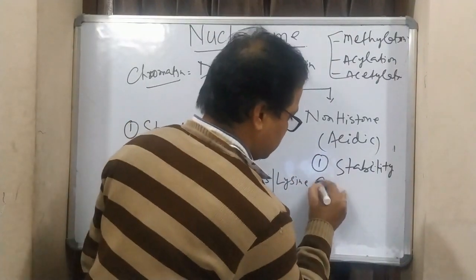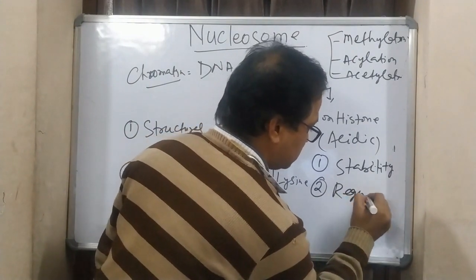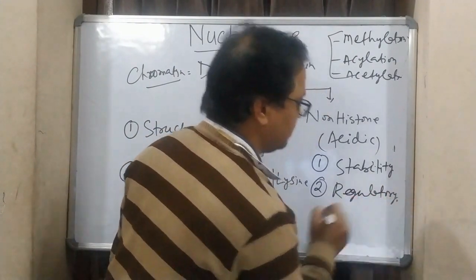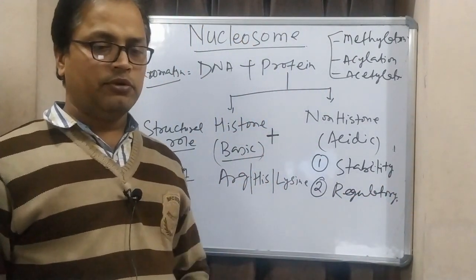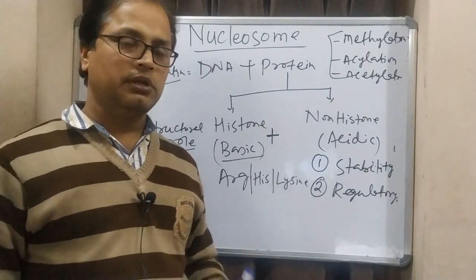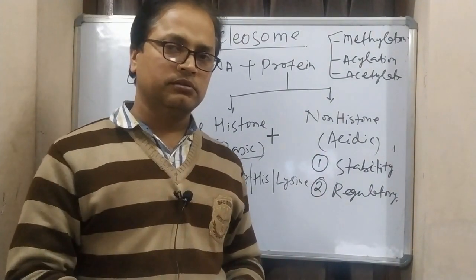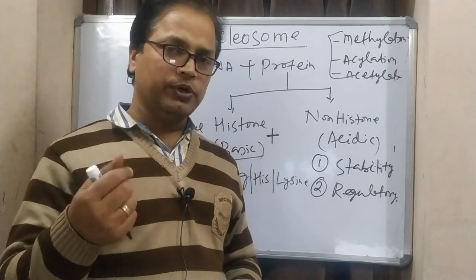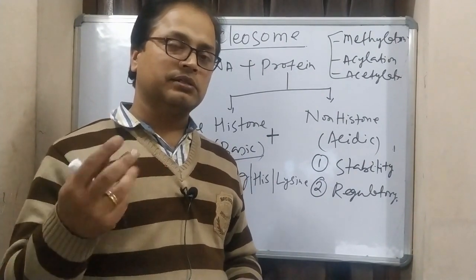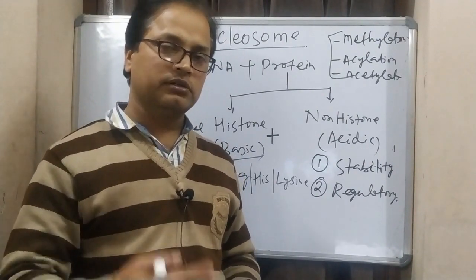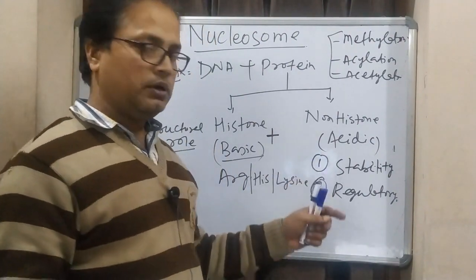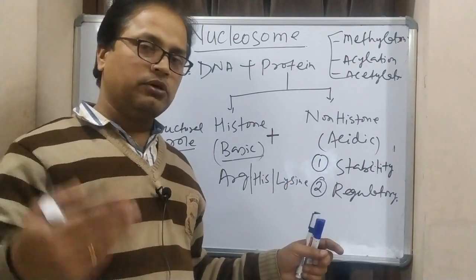Second one is its regulatory role. A number of proteins are involved in regulatory processes, like transcription factors, different kinds of factors like initiation factor, elongation factor, termination factor of DNA transcription or translation process.